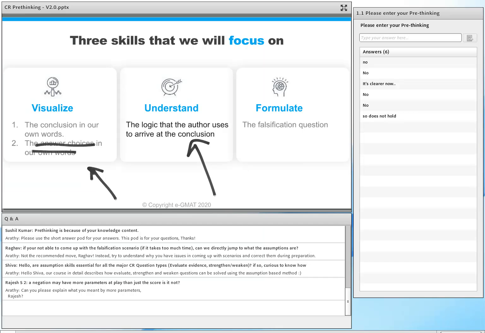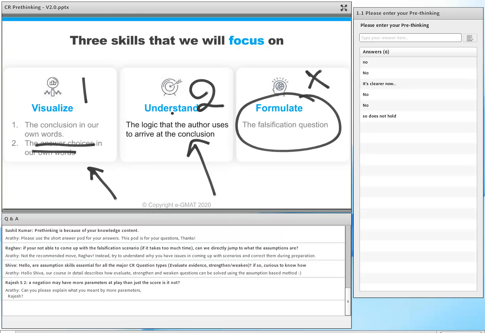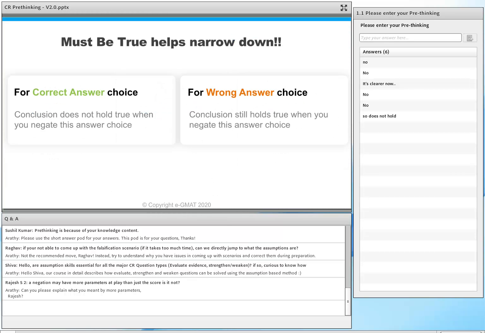Then go towards understanding the logic that the author uses. We've not talked about the falsification question, but we're going to talk about it right after this example, as to how you formulate that falsification question. But try doing steps 1 and 2 for the next example over here.